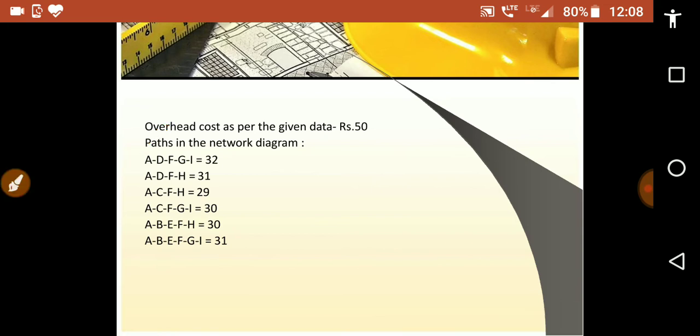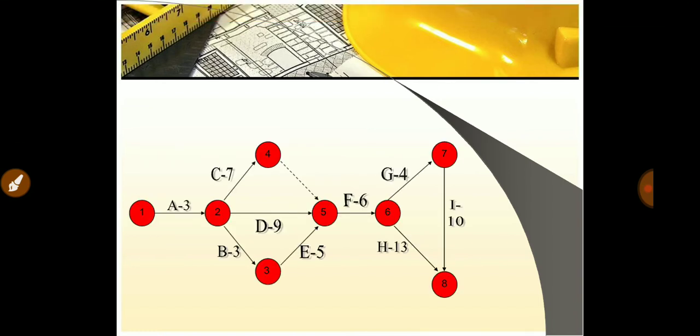Let us see in the network diagram. ADFGI.